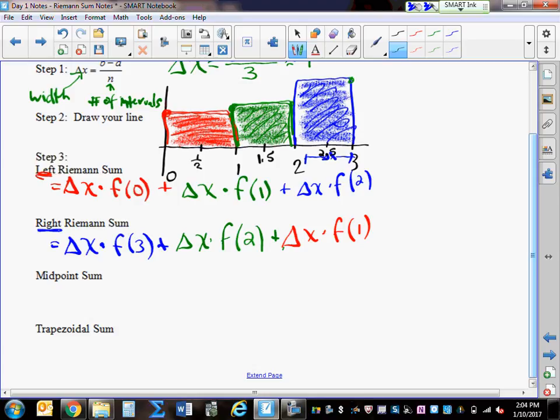Still, your width is the same delta x, but now your height is determined by the midpoint rather than either of the endpoints of your rectangle. So for that red rectangle, again, delta x times f of 1/2, or 0.5. My green rectangle, delta x times f of 1.5, or 3/2.